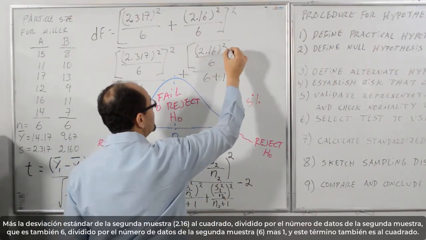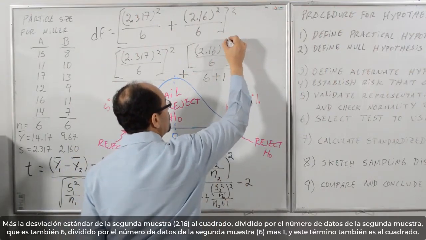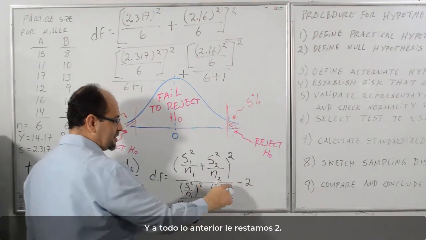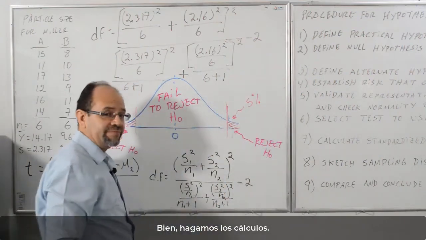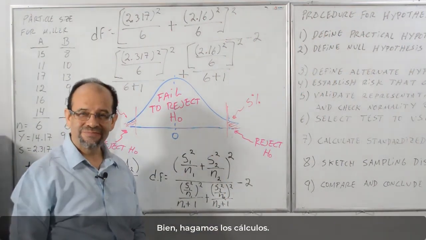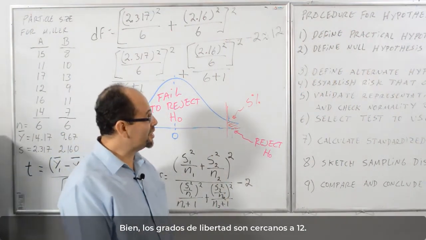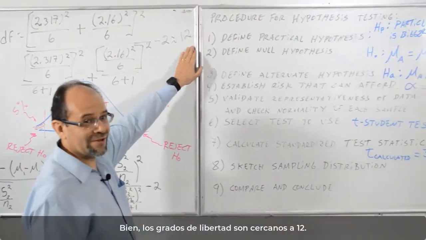By the way, this part is also squared. And all of that minus 2. Okay, let's do the calculations. Well, the degrees of freedom are about 12.